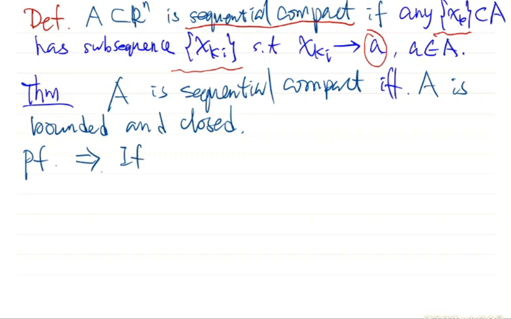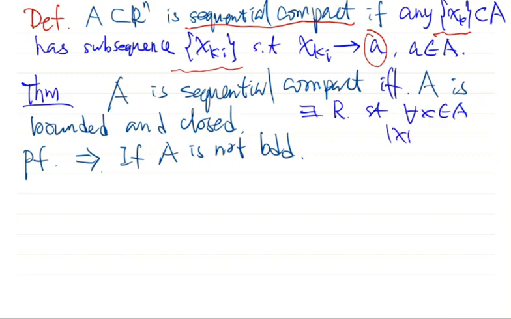We argue by contradiction. Bounded means that there is some number R such that for every x in A, the norm of x is not greater than R. This is the meaning of boundedness.